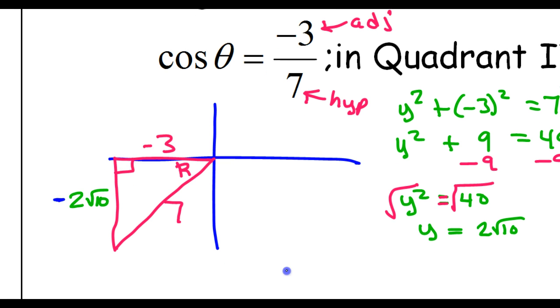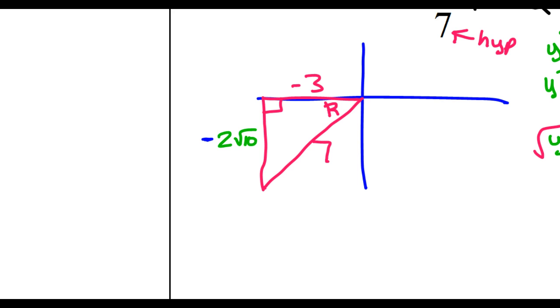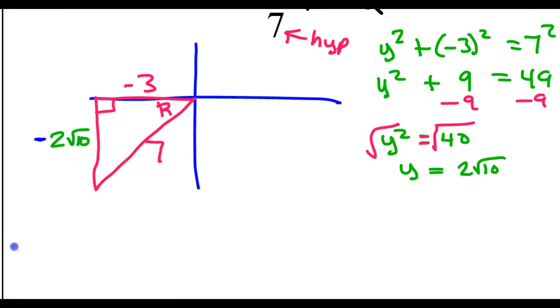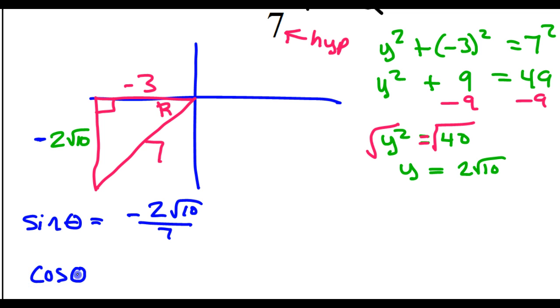Now that we have that in place, we should be able to find all 6 trig values. So here I go. Sine is opposite over hypotenuse, so that's going to be -2 radical 10 over 7. Cosine is adjacent over hypotenuse. That's -3 over 7.